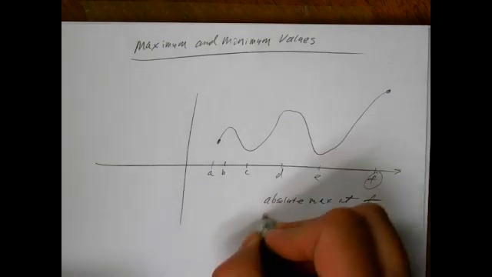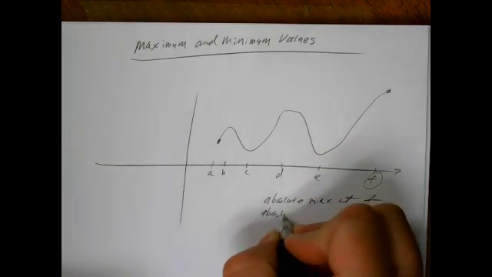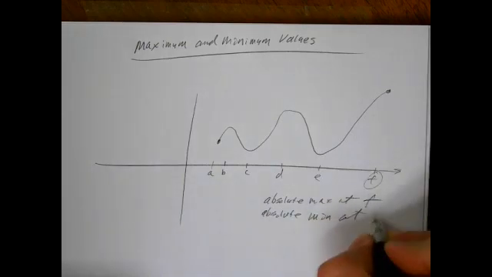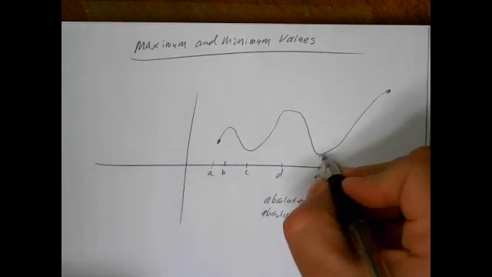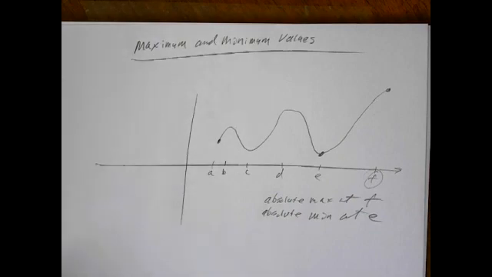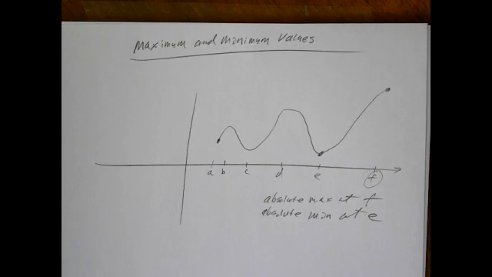We have an absolute minimum occurring at the value E. This is the lowest point the graph ever passes through throughout its entire domain. All right, so we're going to have absolute maxes, again, those being the absolute largest value that it reaches.